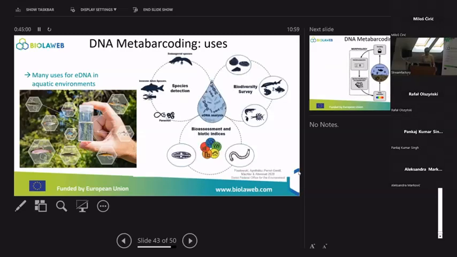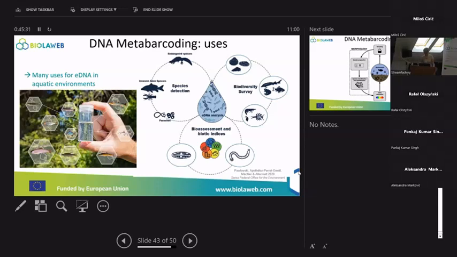But with DNA approaches, you can really do many things in aquatic environments. That goes from species detection, of course, again, invasive alien species, endangered species, but also parasites, pathogenic species. You can use the tool for biodiversity surveys of different groups, mollusks, macroinvertebrates, frogs, whatever you want.